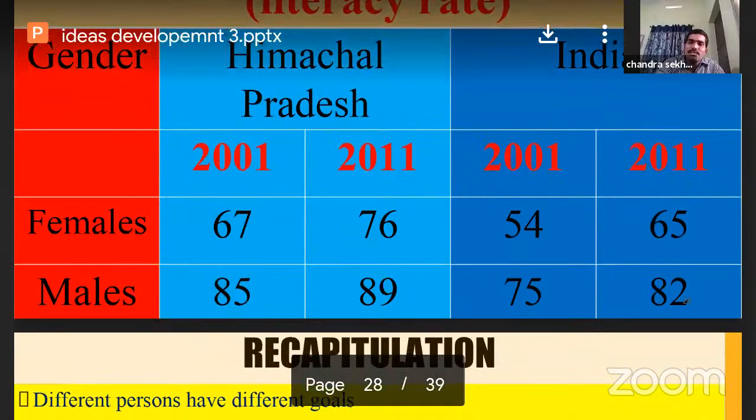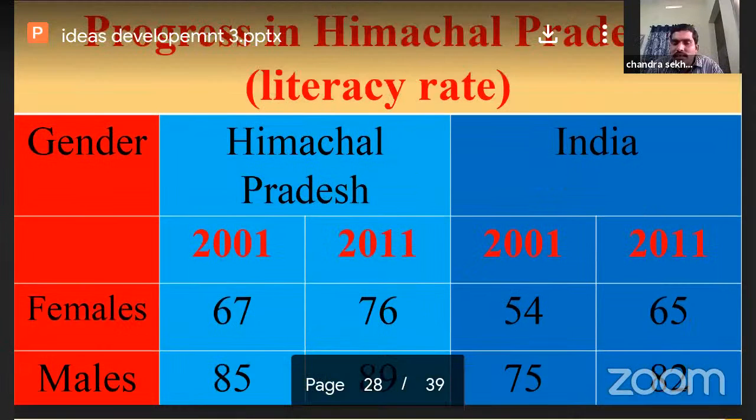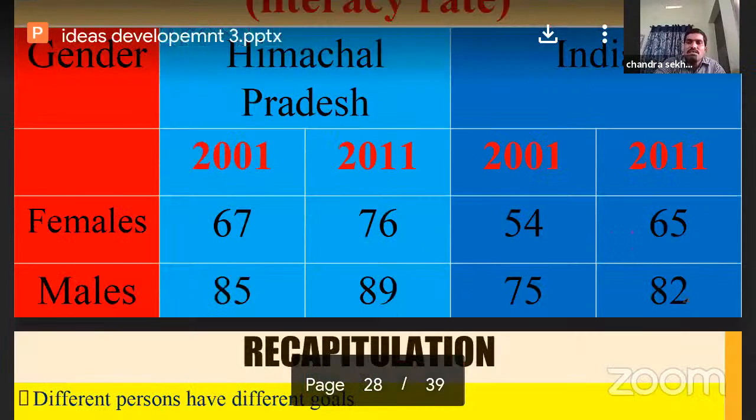And the male literacy rate is about 85% in 2001. It increased up to 89% in 2011. When we come to India, it is 75 and increased up to 82 only. So because of the schooling revolution, Himachal Pradesh has a higher literacy rate than the rest of India.